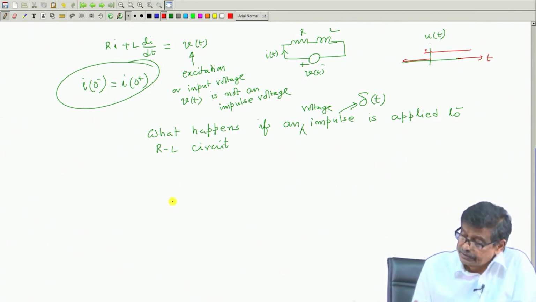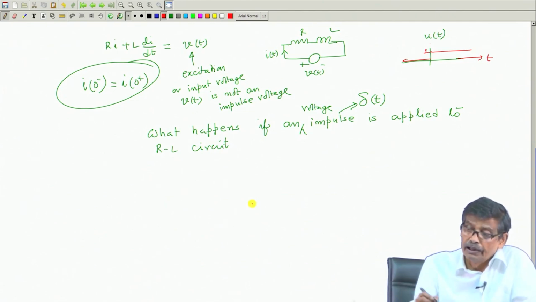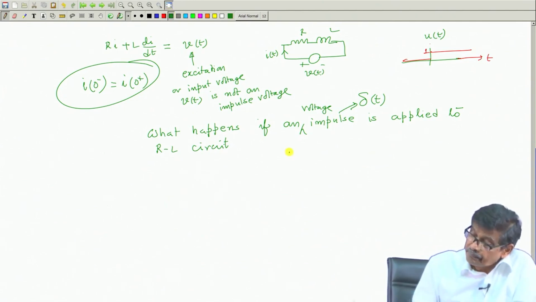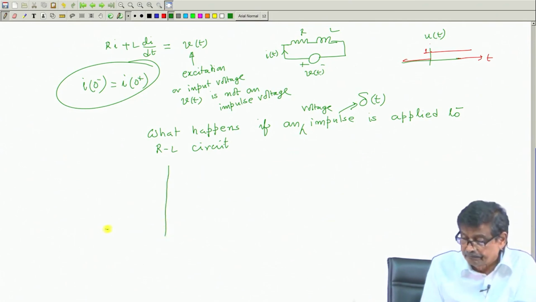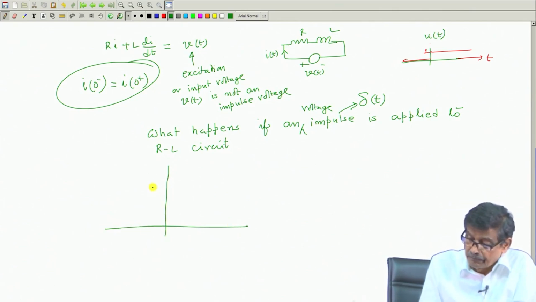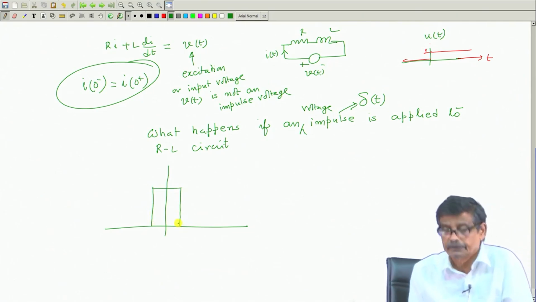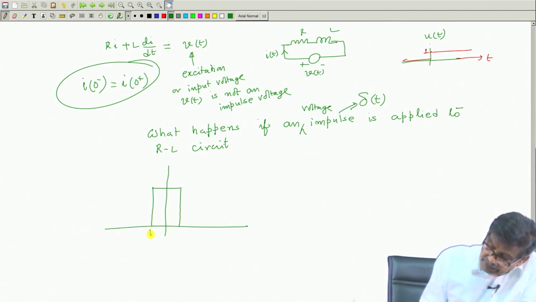That is very interesting. Suppose you have a voltage waveform like this, a rectangular voltage waveform. Are you getting this voltage waveform?